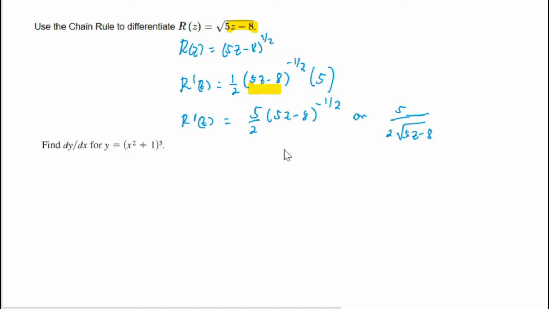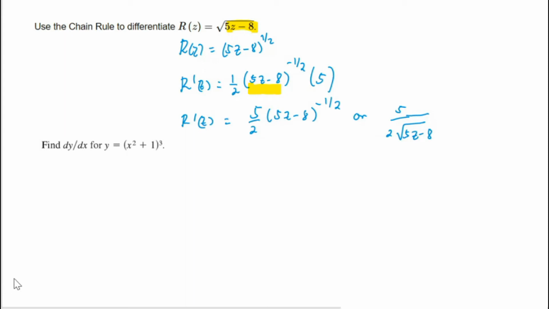You can choose which of these two answers you are going to present, but they are still the same.